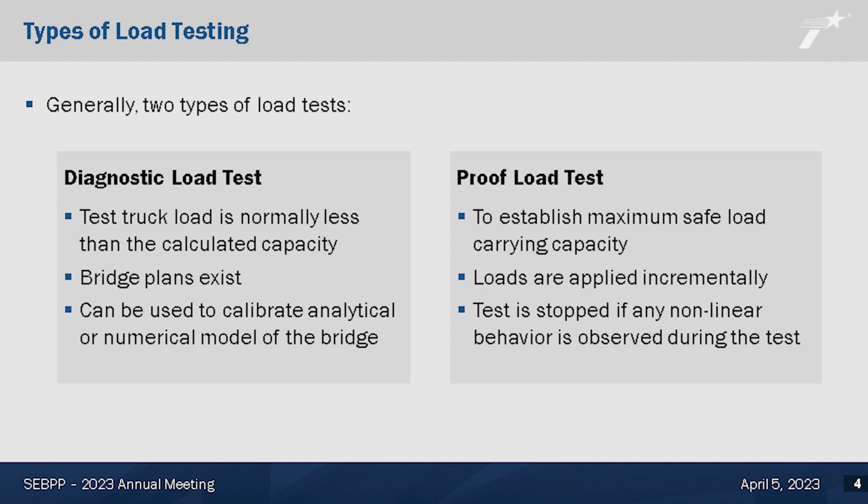And then we've got proof load testing, where if maybe you don't have existing plans for a structure, or we're trying to see how much the structure can carry, loads are applied incrementally, and increasing loads are applied to the structure, and the response of the structure is measured through the instrumentation. As soon as you see some nonlinear response in the instrumentation or the testing, then you'd say, hey, we've kind of reached the nominal capacity of the structure.